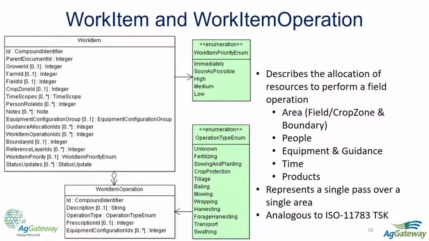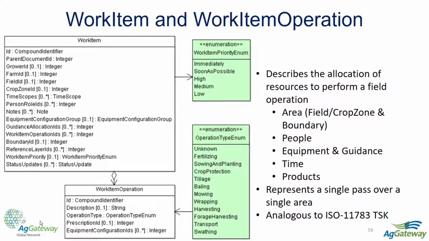So it was important as we were working through ADAPT and building this that we address that. So you'll see that work item operation allows you to tie particular products in the form of that prescription ID reference, as well as the particular pieces of equipment to a given operation. So even if you're doing multiple operations during your pass over the field, you have a way of knowing what resources are used for which operation.